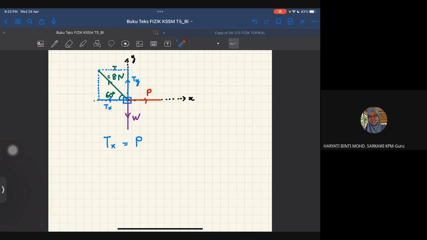Same goes to the vertical component, which is Ty and W. So I can write Ty is equal to W. Okay, vertical Ty will be equal to W because the system is having zero resultant force.